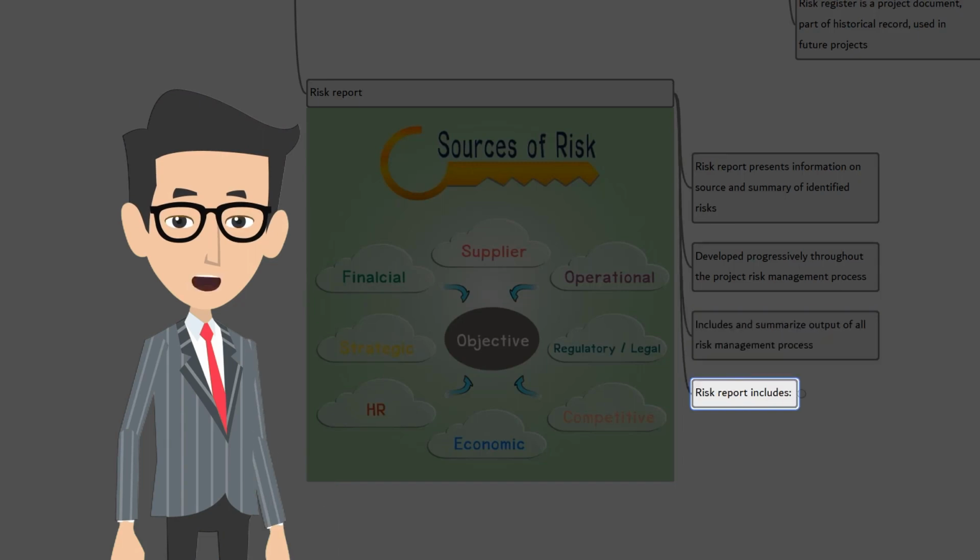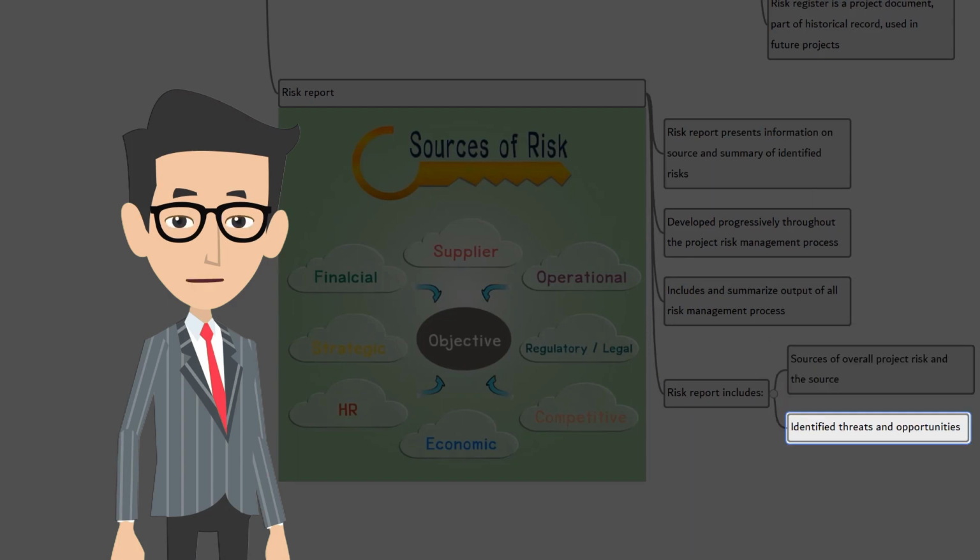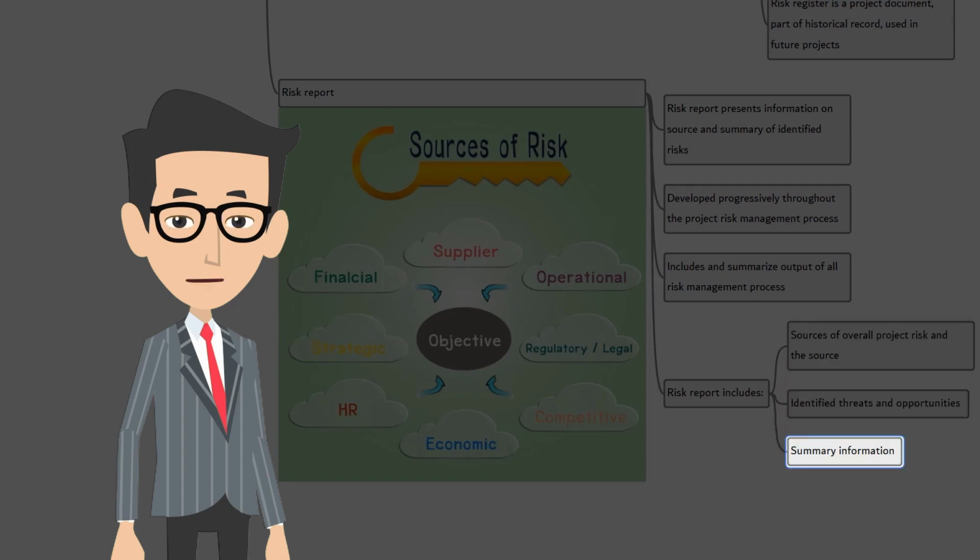A risk report may include source of overall project risk, identified threats and opportunities, summary information such as number of identified threats and opportunities, risk categories, metrics and trends, etc.